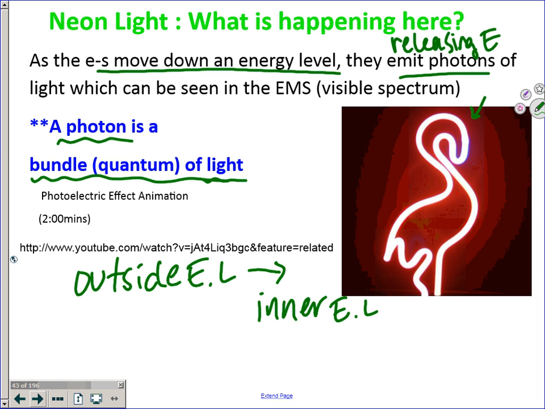If that energy is right inside of the spectrum of where visible light is in the electromagnetic spectrum as a whole, if that energy is right where we can see in the visible spectrum, then we could see that energy. If it's outside of that, we won't be able to see it, but we can still detect it. We can still feel heat from infrared. We can still feel burns from UV. So the energy is not specifically just visible light, but it could be.